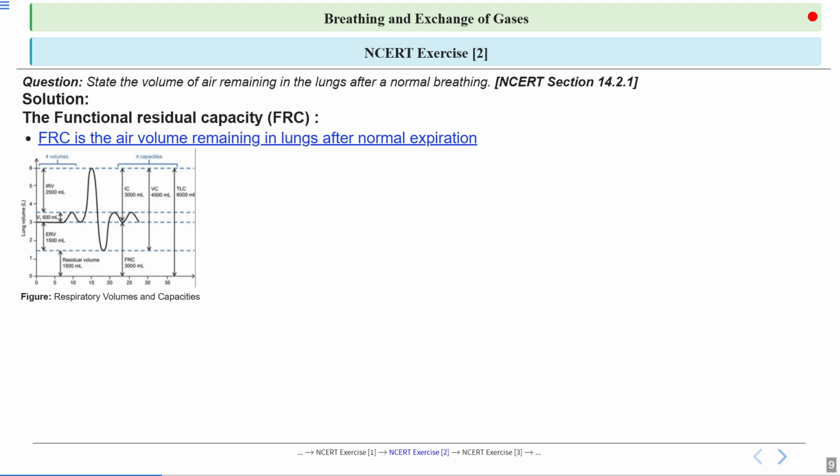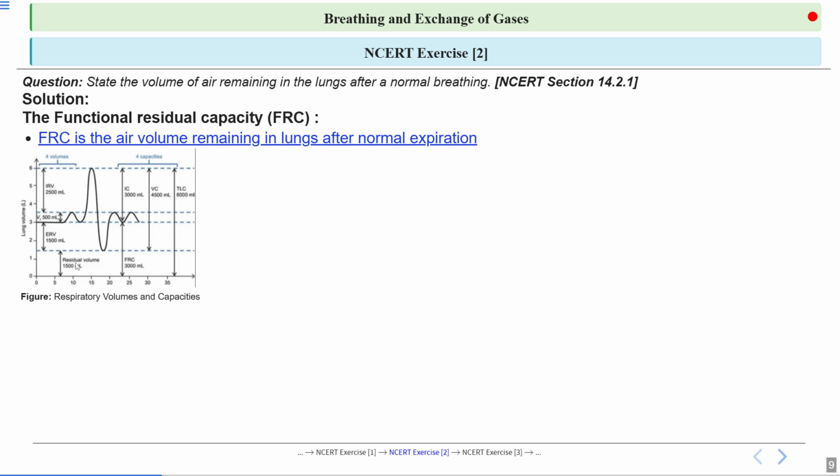Here you can see on the graph also the functional residual capacity. So this includes ERV and RV: expiratory reserve volume, and residual volume.